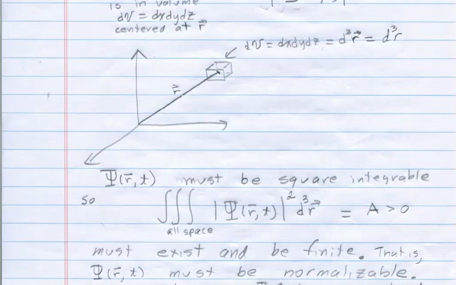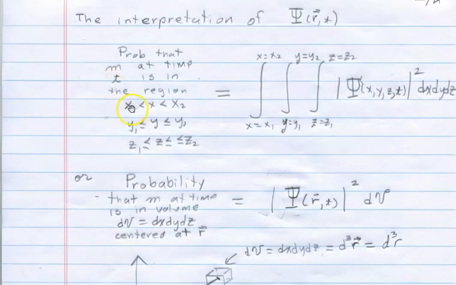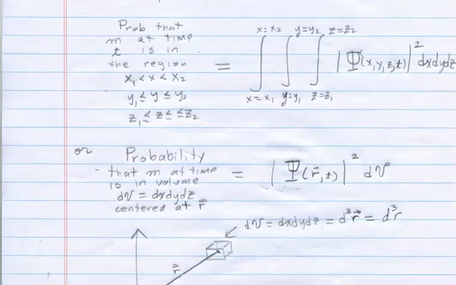Well, we know with this probability interpretation that the wave function needs to be square integrable over all of space. And so what that means is that the integral over all space, if I extend these volumes up here to include minus infinity to plus infinity in every direction, has to exist. So it has to be a square integrable function.